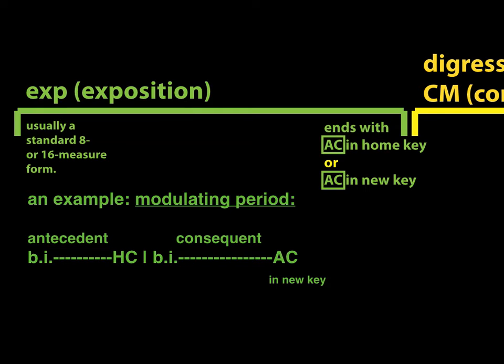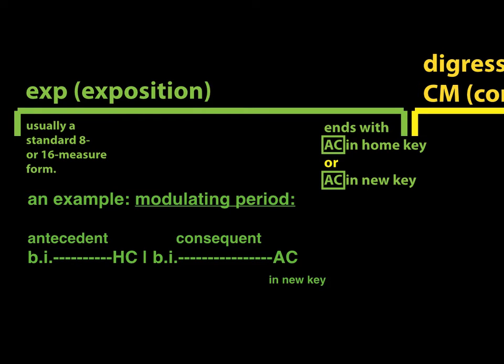The first phrase is called the antecedent, and it ends with a weaker cadence, usually a half cadence, and the second phrase is called the consequent, and it ends with a stronger cadence, almost always an authentic cadence. In a modulating period, the second phrase also modulates to a new key and ends with an authentic cadence in a new key. Let's first come up with a basic idea.